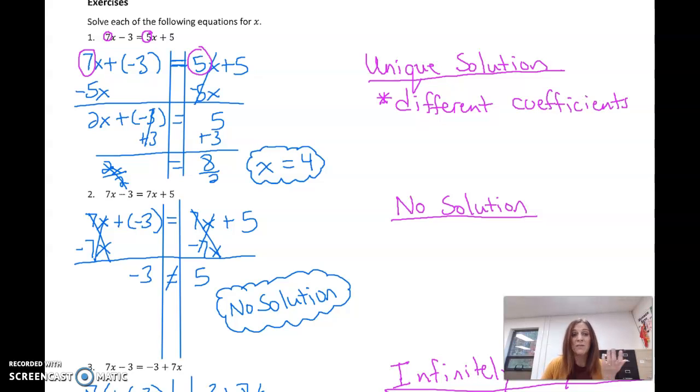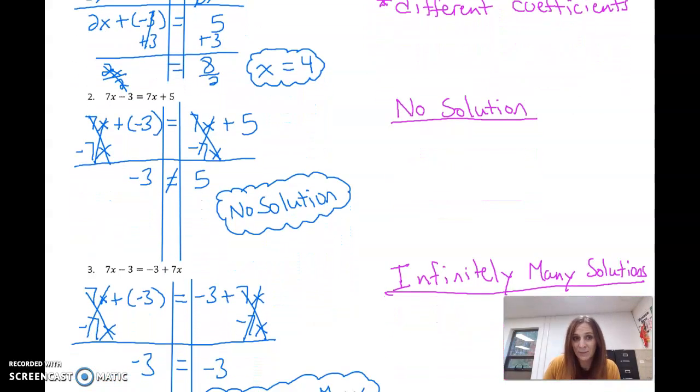Okay, so if you have a problem and they're simplified on each side and you have x's on both sides and the 2 x terms have different coefficients, in this case a 7 and a 5, unique solution, keep going to solve it. You're going to get a number that it's equal to. It might not be an integer, but you'll get a number that it's equal to.